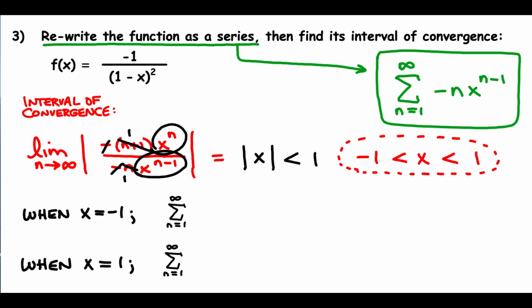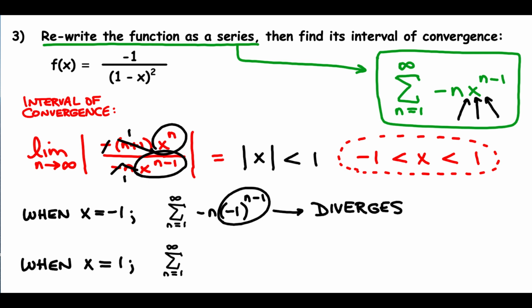All right, we'll start off with x being negative 1. If you put a negative 1 right in here where I'm up in the green equation, you're going to get negative n times negative 1 to the n minus 1. This will alternate, but it's just going to wildly go back and forth and oscillate. So this diverges. It's technically the nth term test, but that's going to diverge.